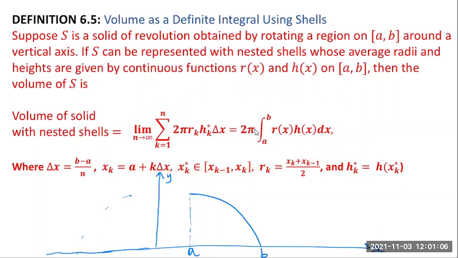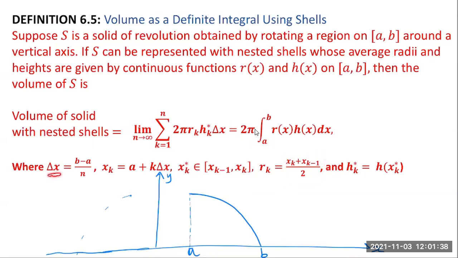Volume is defined by this expression, that is the limit as n goes to infinity of the summation k goes from 1 to n of 2 pi r_k h_k star delta x. By the definition of definite integrals, that is going to equal this definite integral. When you take the limit as n goes to infinity, this expression becomes this definite integral. In this definition, r_k is (x_k plus x_{k-1}) divided by 2.